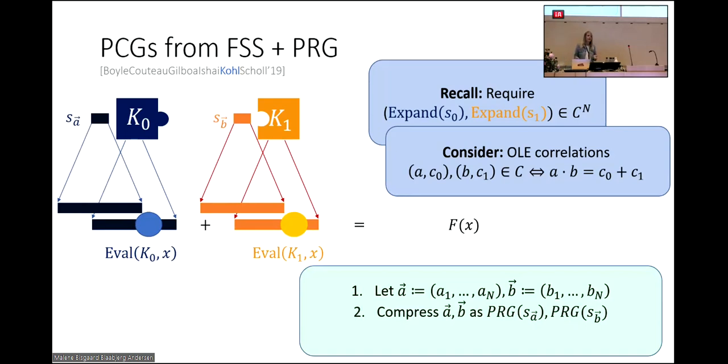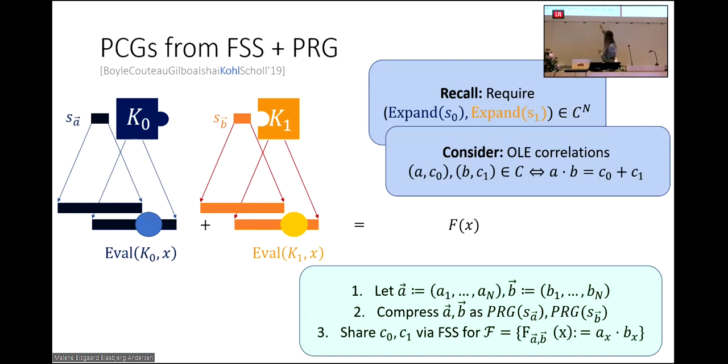Now the difficulty is, how do we get the C part? But you see that this is very convenient. We have here a C0 plus C1, and we have here also a plus on the left-hand side. So what we will do is we can just share C0 and C1 via the FSS for a very specific function class, namely the function class that consists of all functions that have this form.